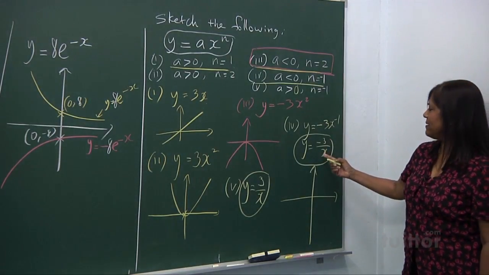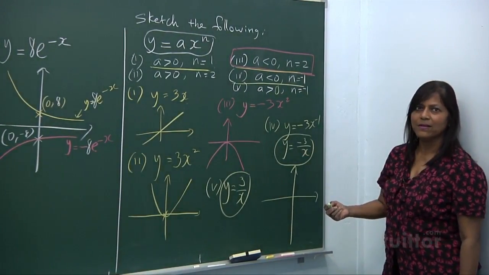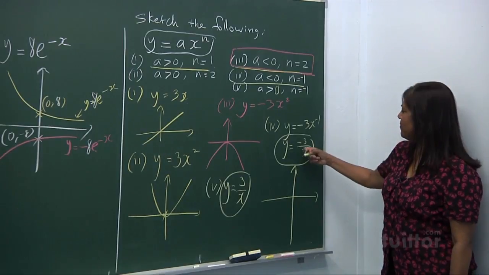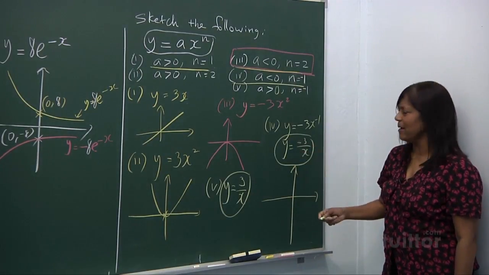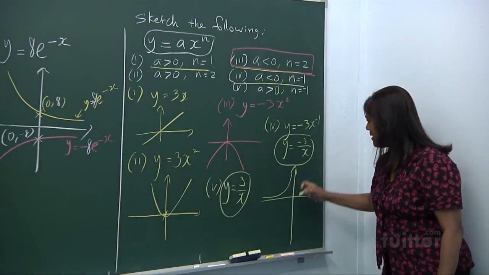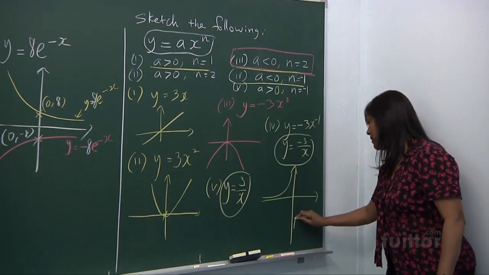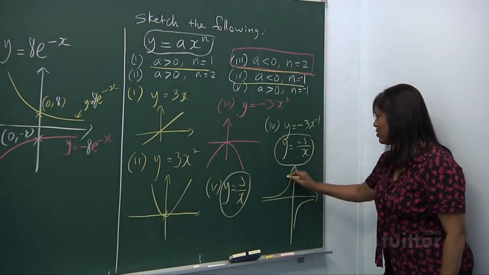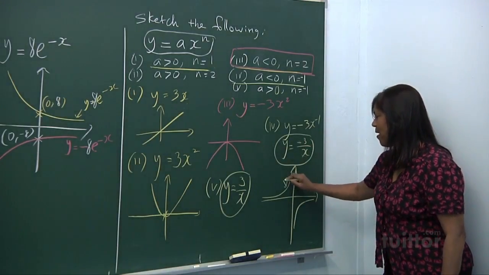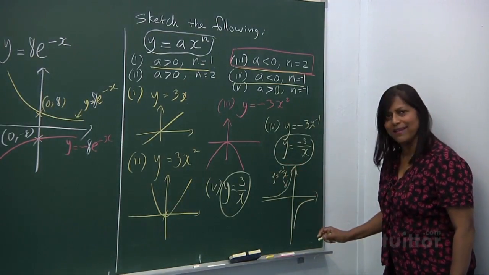And if x is negative, y gets a negative and a negative, you get a positive. So the shape of the graph is like this, and the positive values of x with a negative number give you negative. So this shape is for y equals minus 3 over x.